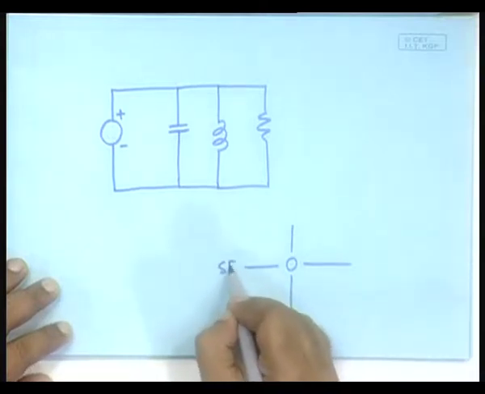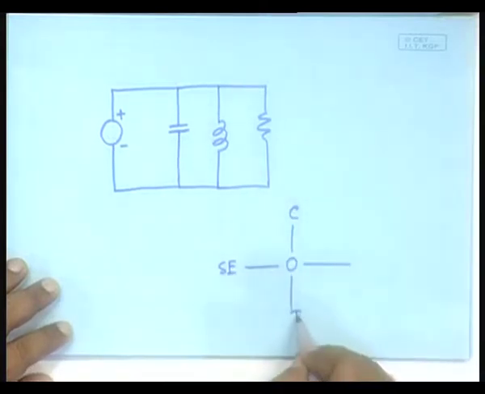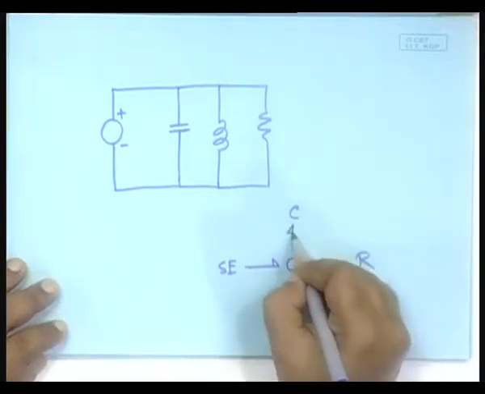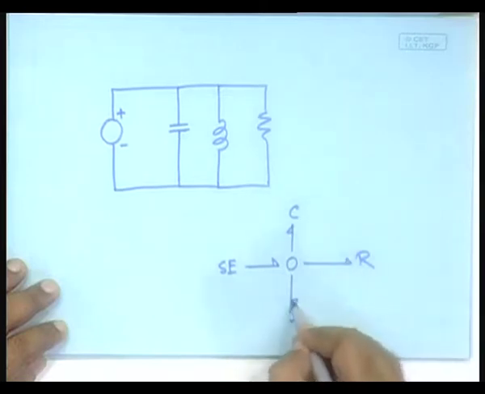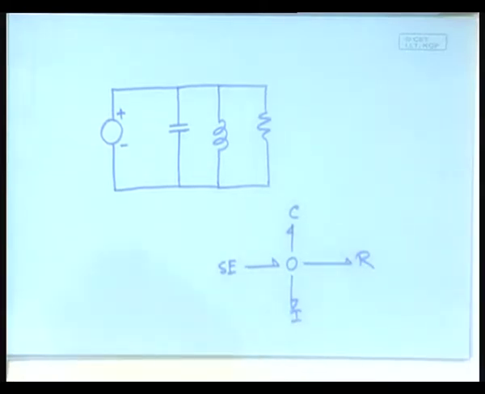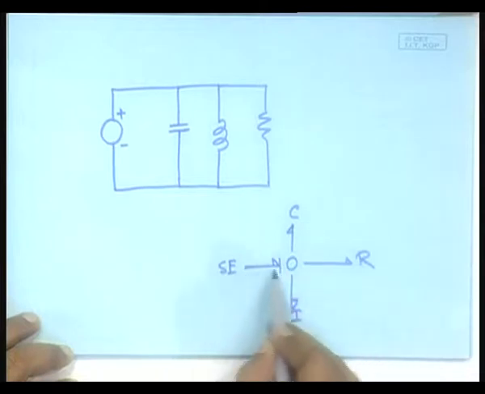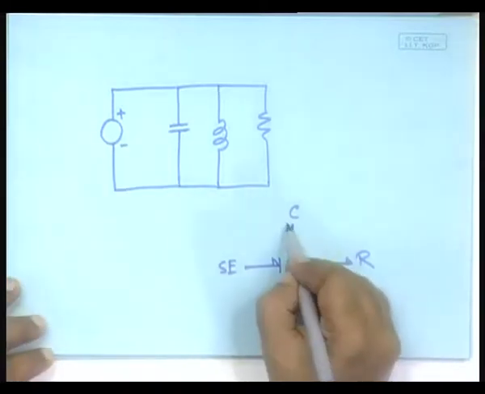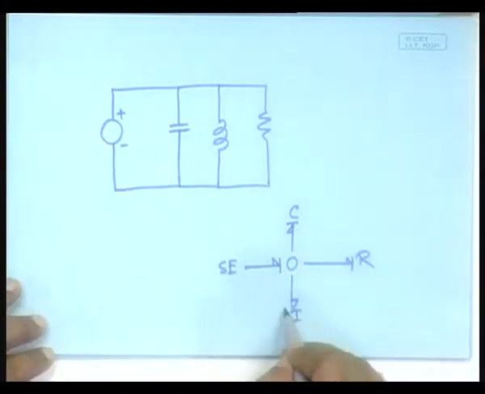On this side it is SE, here it is C, here is I, and here is R. No problem in assigning the power directions, but when we try to assign the causalities, the SE element is one that gives out the effort information and receives the flow information, and the moment the effort information has come to the 0 junction, all the other bonds should be taking out the effort information. So, their causality should be like this.